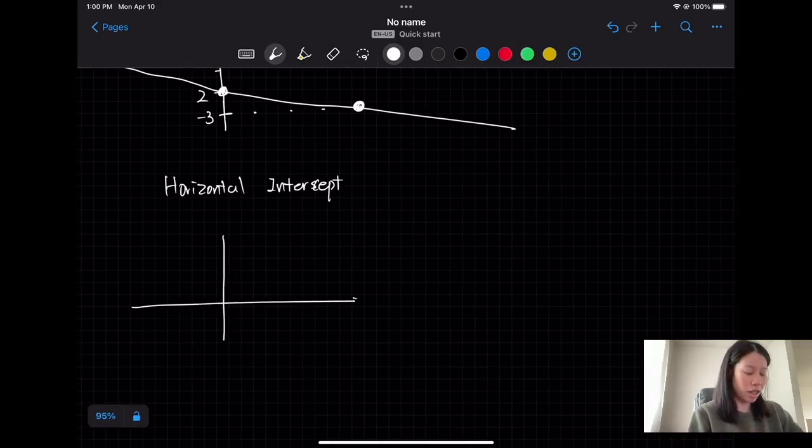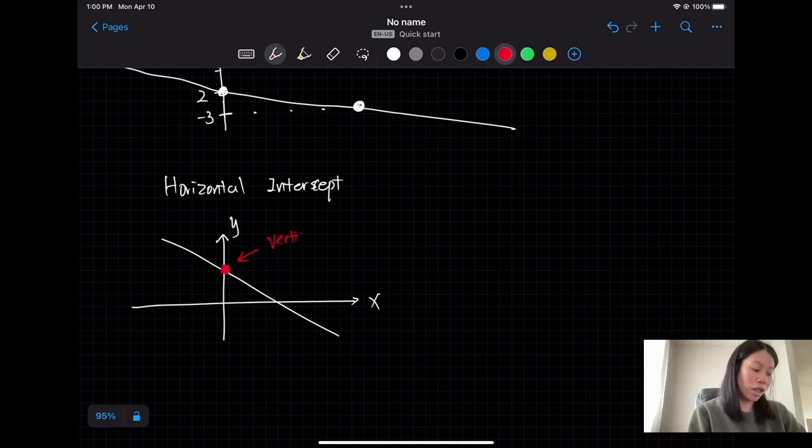If the graph looked like this, this is our vertical axis, this is our horizontal axis. This point intersects with the y-axis. We call it the vertical intercept, sometimes the y-intercept. They're the same. At this point, we call it the horizontal intercept.